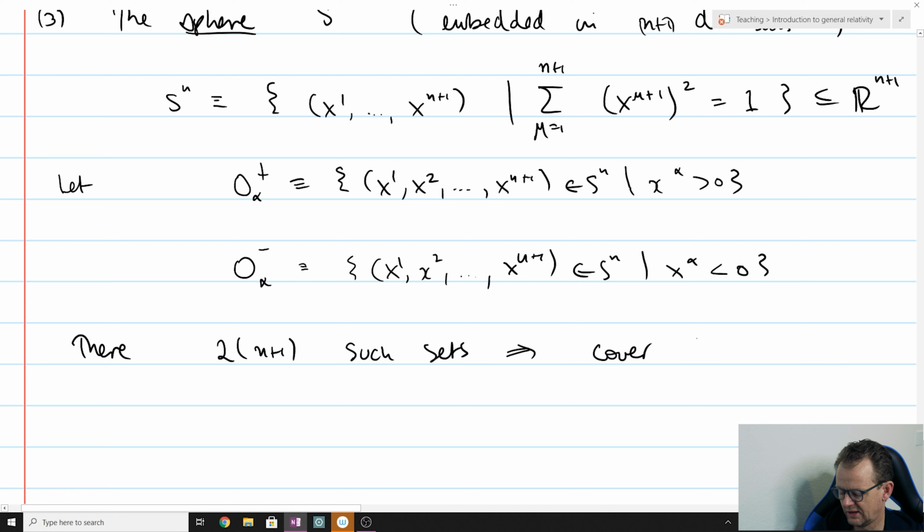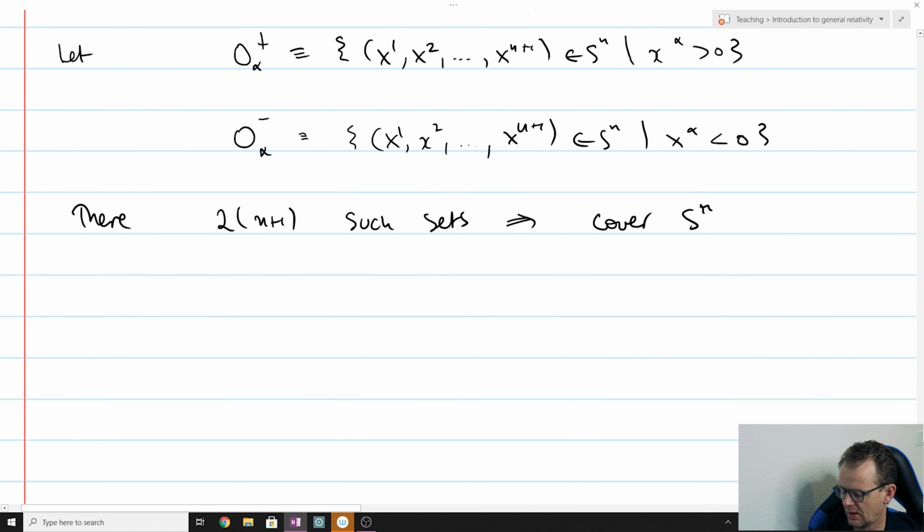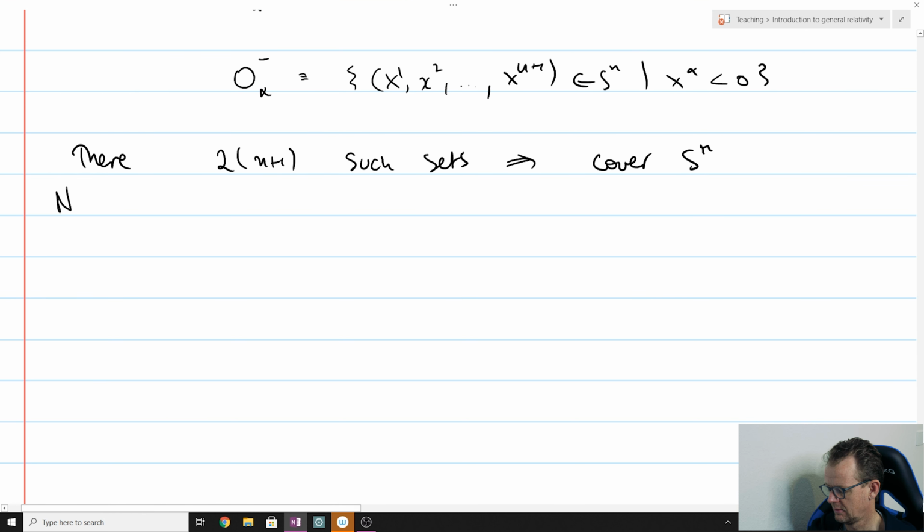Every point features in loads of these hemispherical sets. Now, great, that's the first part of the definition of a manifold, that you need a whole bunch of sets that cover it. But that's not sufficient, right? We need more than the coordinate hemispheres to endow this set with the structure of a manifold. We need also the charts or coordinate systems themselves.